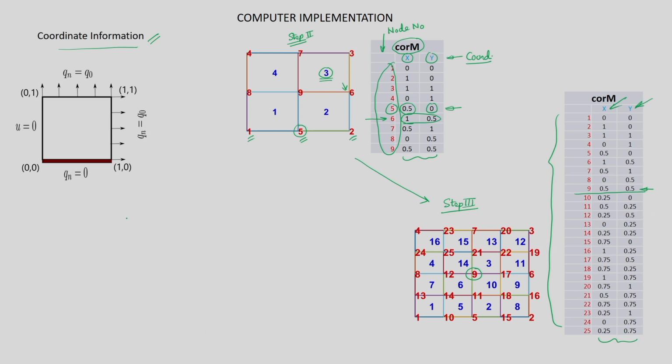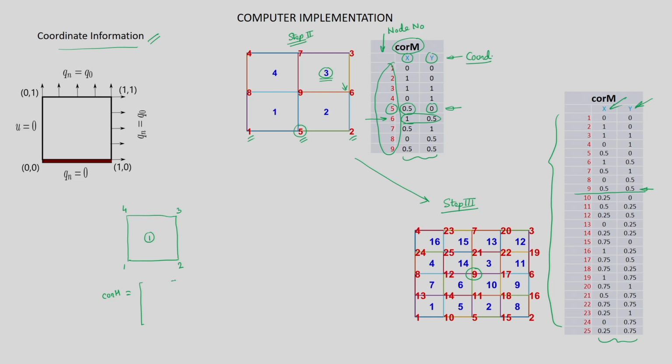So, now it is very easy to discuss the step 1 case. In the step 1 case we had only one element, the global node numbers are 1, 2, 3, 4, and then the coordinate matrix in this case will be 4 by 2, because there are 4 global nodes.